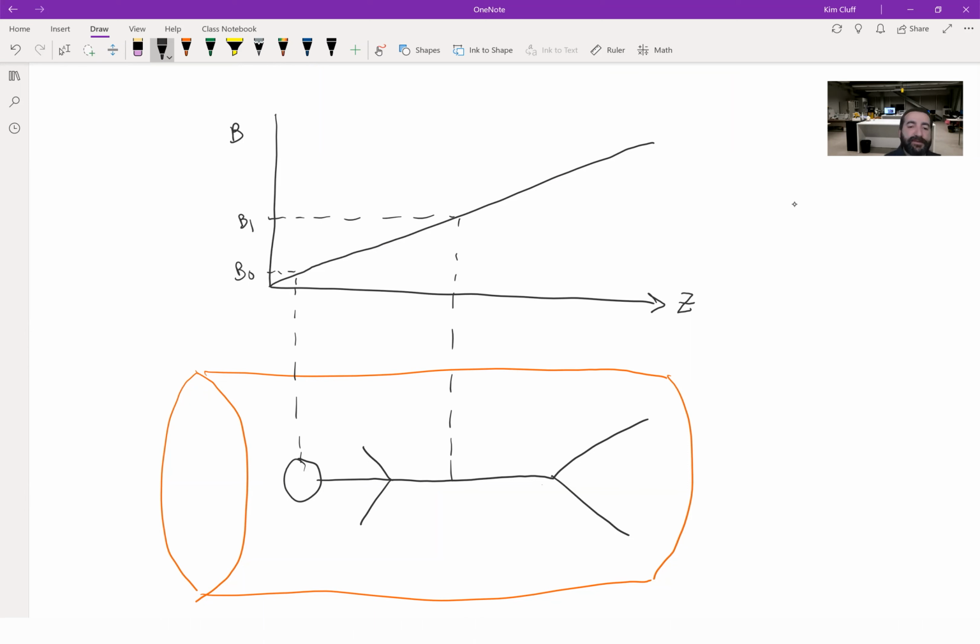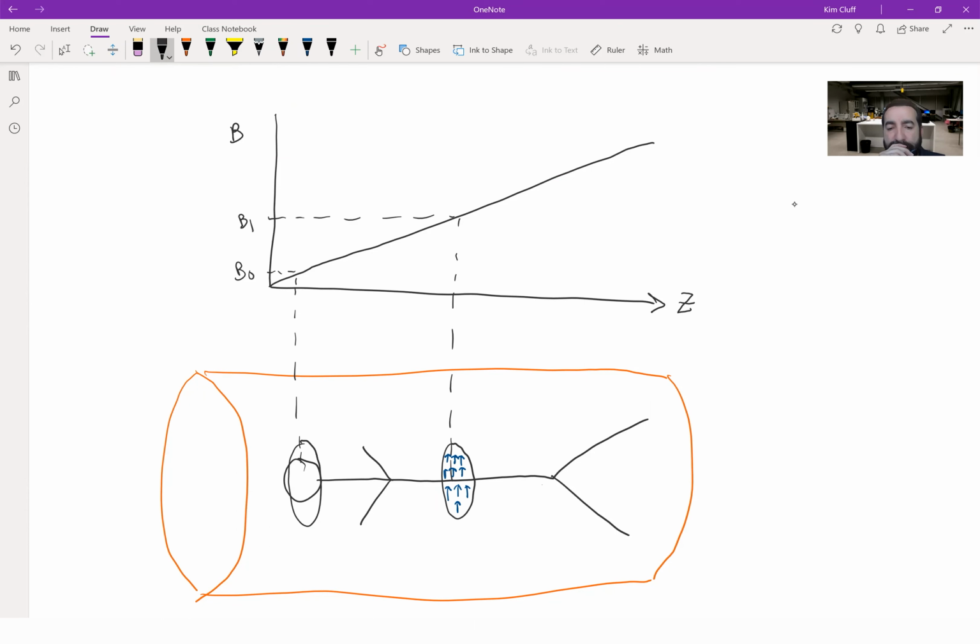So the hydrogen atoms in this section of the body will be precessing at a different frequency than the hydrogen atoms at, say, this part of the body, okay?